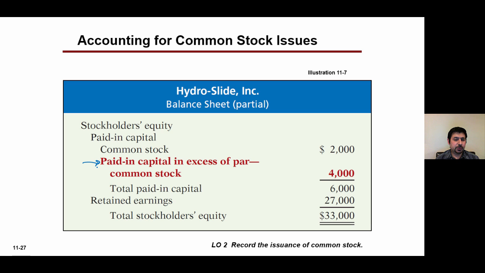It will be listed under the paid-in capital part of the stockholders' equity section on the balance sheet. This is a partial balance sheet. Stockholders' equity is divided into two parts: paid-in capital and retained earnings. Under paid-in capital, we have common stock and paid-in capital in excess of par value from common stock, and that gives us total paid-in capital of 6,000. Retained earnings is 27,000, and that gives us the total stockholders' equity.